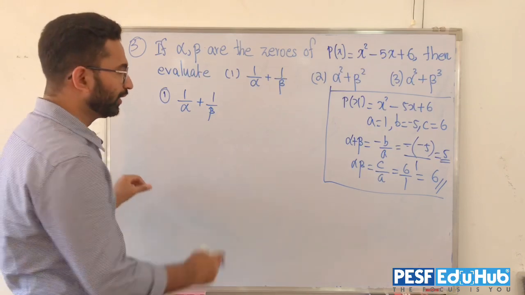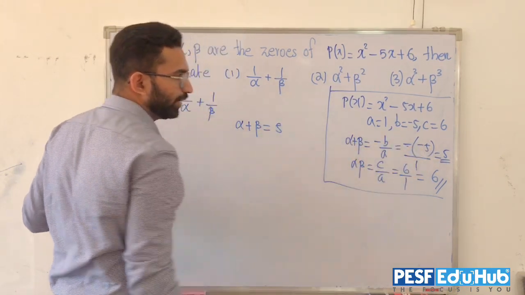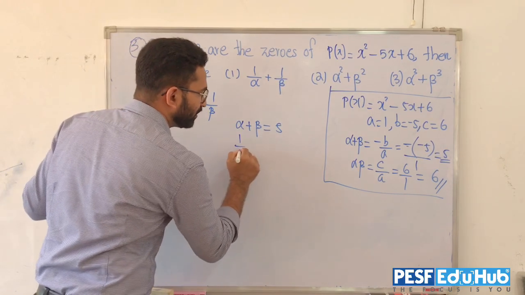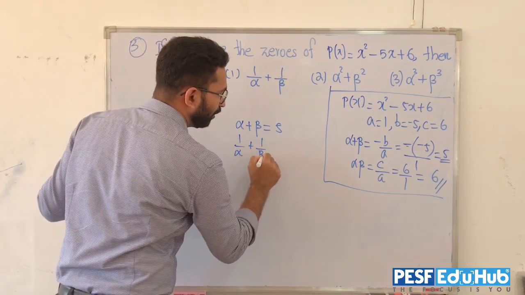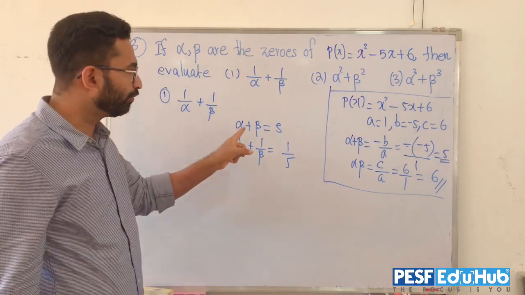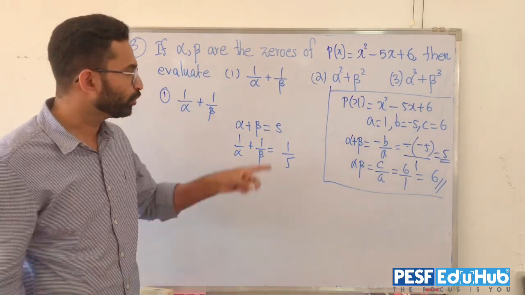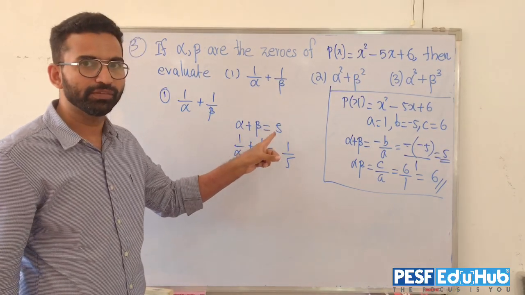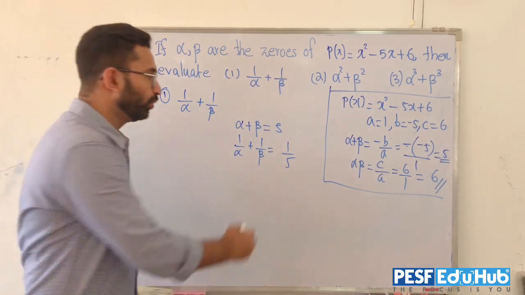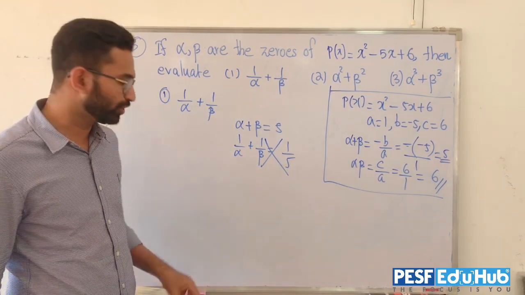Sometimes students may think, sir, alpha plus beta equal to 5 as per the relation, and sometimes they will say, sir, therefore 1 by alpha plus 1 by beta equal to 1 by 5. They will think alpha plus beta equal to 5 means 1 by alpha plus 1 by beta is the reciprocal. So they will take the reciprocal of 5 and write the answer 1 by 5, which is completely wrong, my dear friends. You are not supposed to proceed like this.